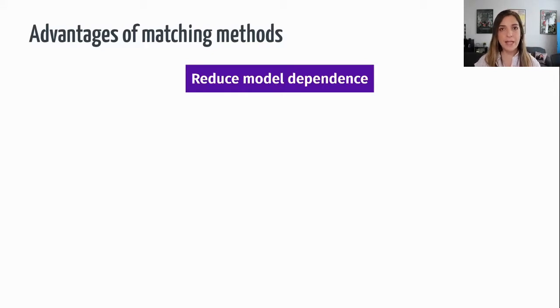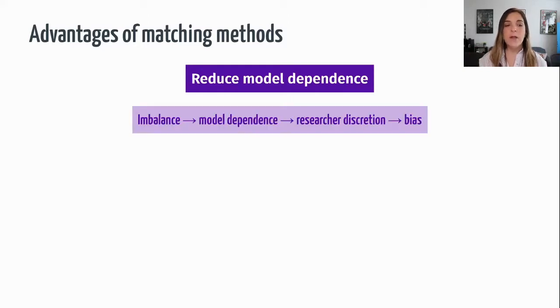Unlike the regression analysis where we were very dependent on whatever model we were fitting, this can work what we call non-parametrically, which basically means it's free of any model assumptions to a certain extent. The main problem is that if there's imbalance, there can be model dependence. If there's model dependence, there's a lot of researcher discretion in what model to fit, and that again can lead to bias.